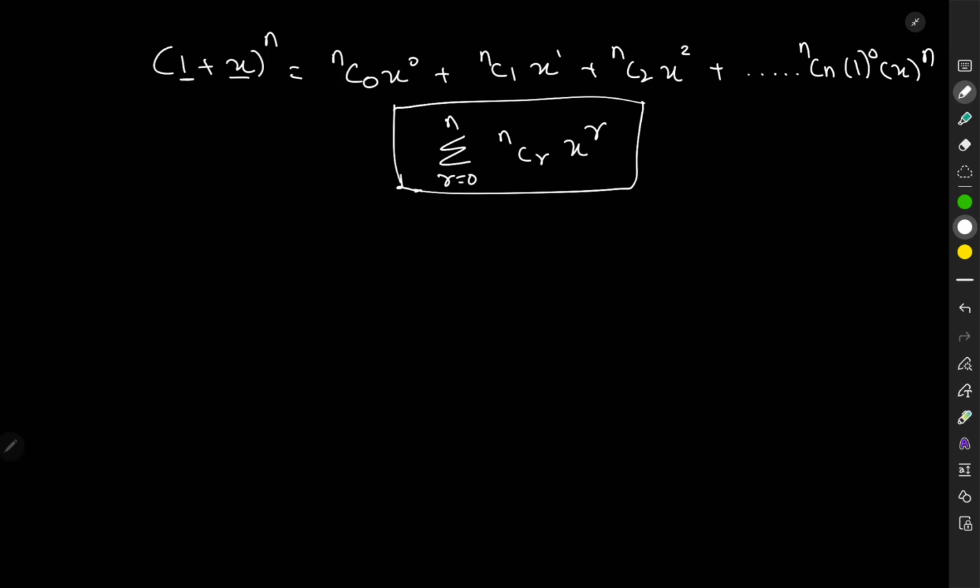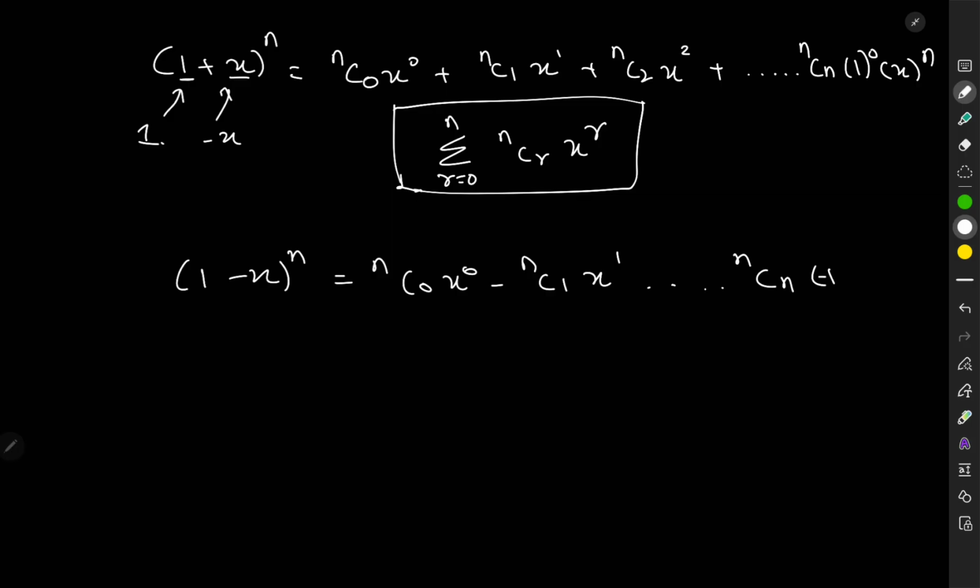So what if I substitute x as minus x in the same? Minus x, I'm going to use with 1, okay? (1 minus x)^n, I'll get alternating signs, right? NC0 x to the power 0 minus NC1 x to the power 1 and so on till NCn, minus 1 to the power n, x to the power n.